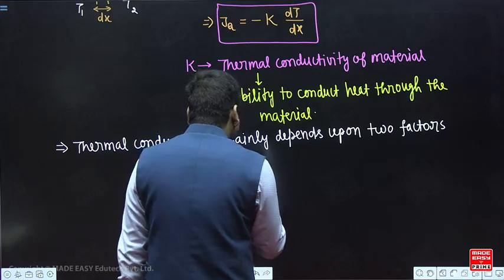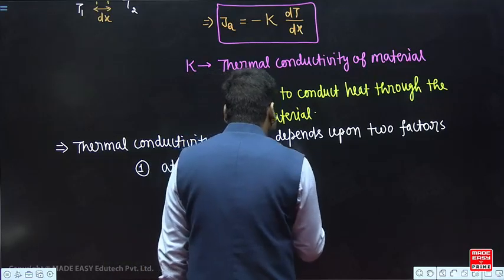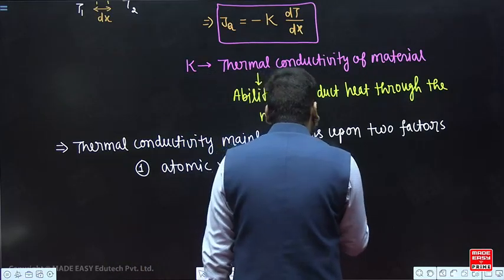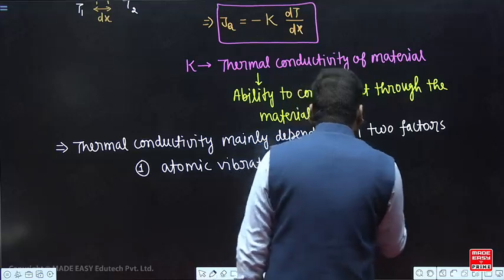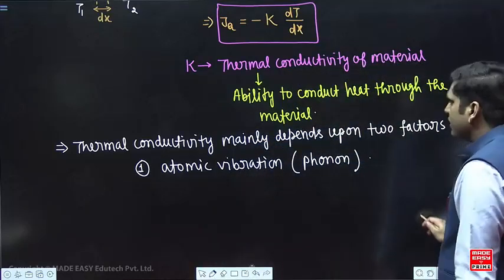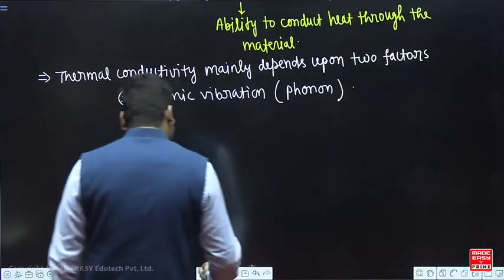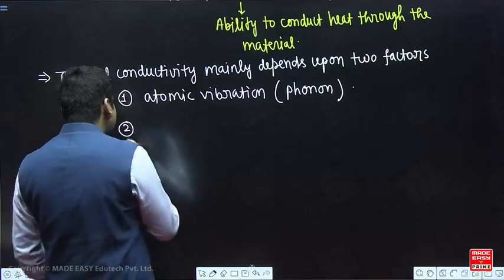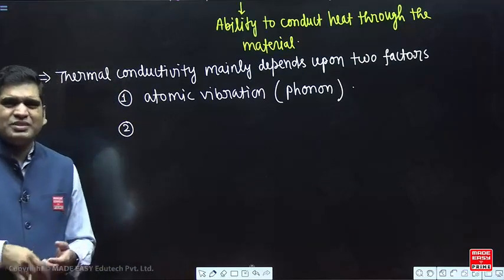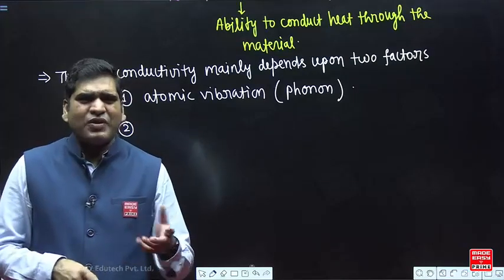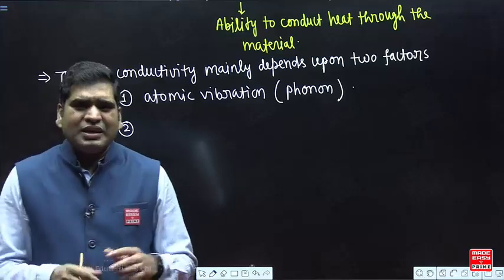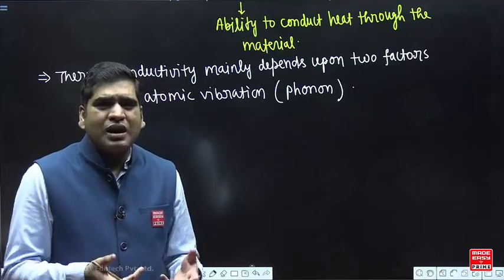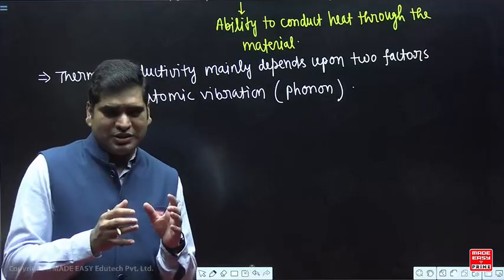I said that one quantum of atomic vibration energy is known as a phonon. So the first responsible particle is the phonon. The second one is electrons. Electrons are free. These are the unemployed people; they do not care what work they get, they just want work.